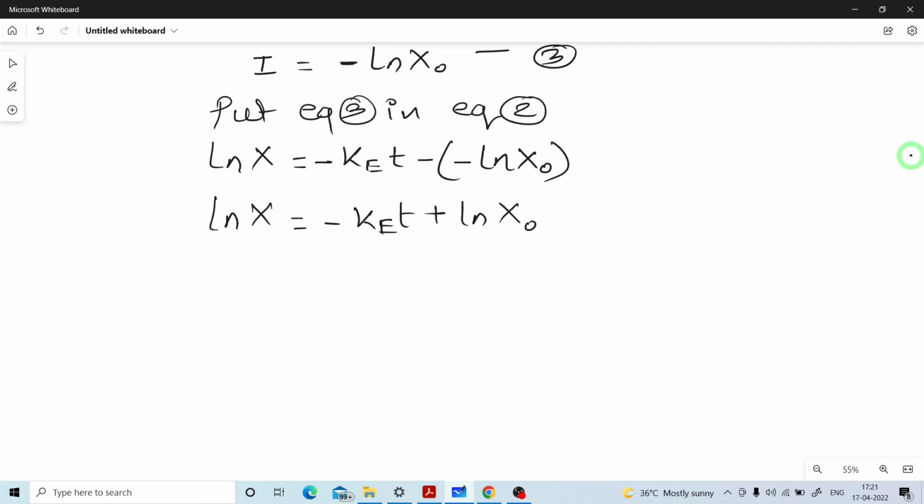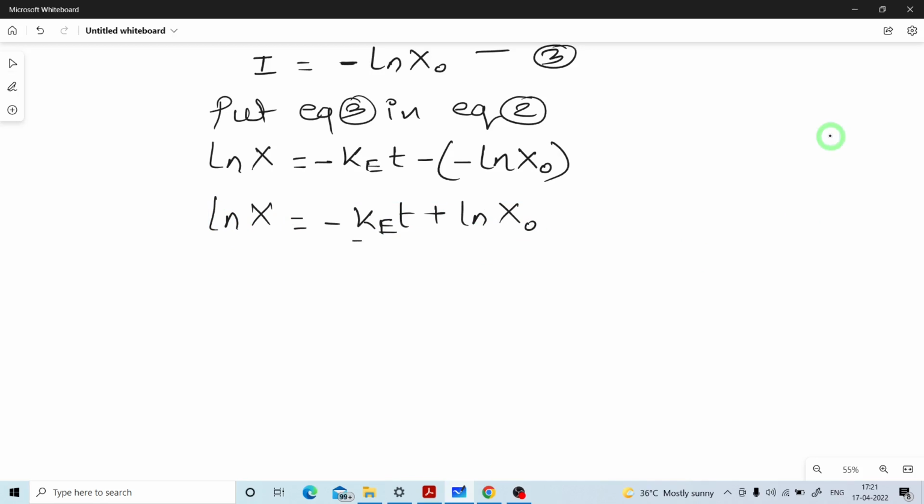Now, our final aim is to determine the elimination rate constant, so finally we have to determine this value. So we will take this ke t term towards the left-hand side and the logarithmic terms towards the right-hand side.